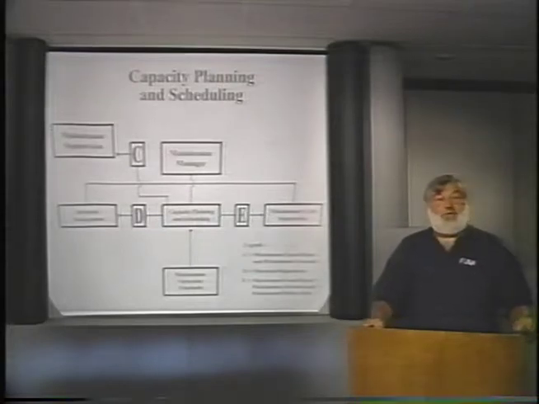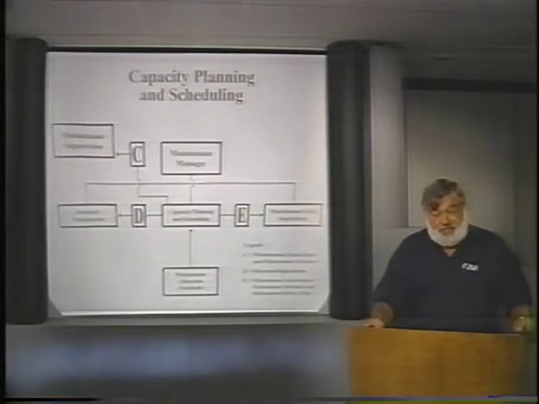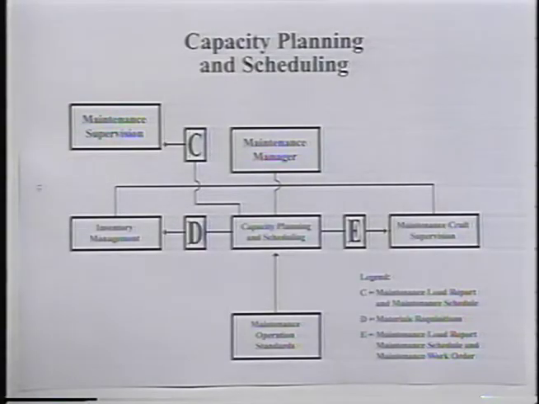There is a communique that comes out of capacity planning and scheduling, item number D, going to inventory management. Those are the inventory requirements that I talked about on the previous exhibit, the inventory requirements for spare parts.